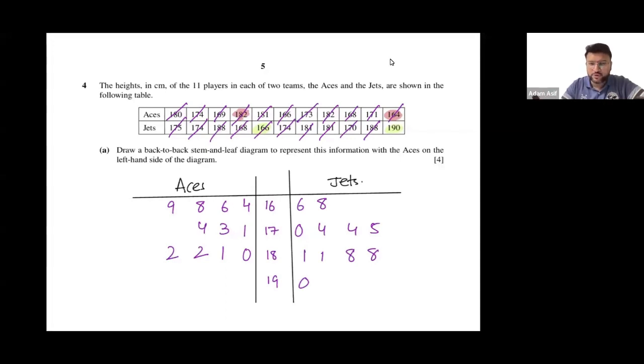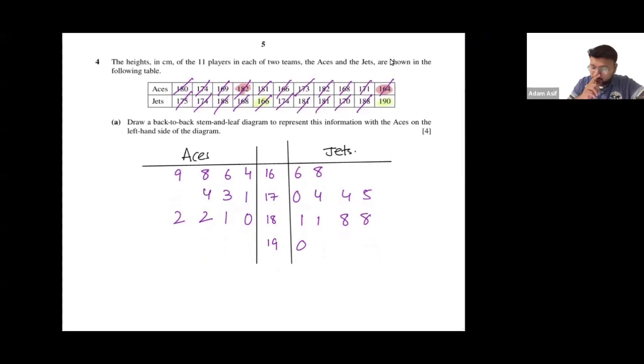Now, one thing is important over here, and that is the key. You are going to get a separate mark for mentioning the correct key, for both. So there are going to be 2 marks for the correct key.